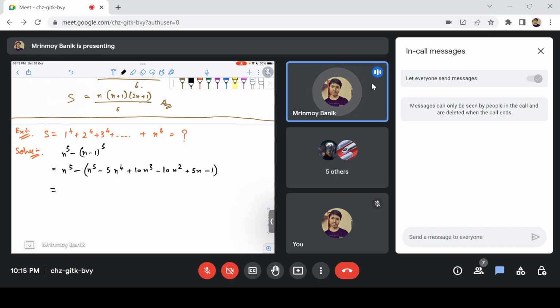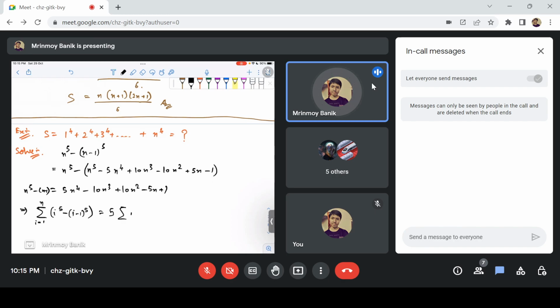So as always, the largest degree gets cancelled. You have 5n4 minus 10n cube plus 10n squared minus 5n plus 1. Change of variables and summation 1 through n. i5 minus i minus 1 whole power 5.